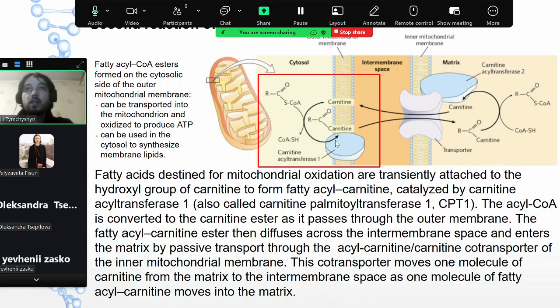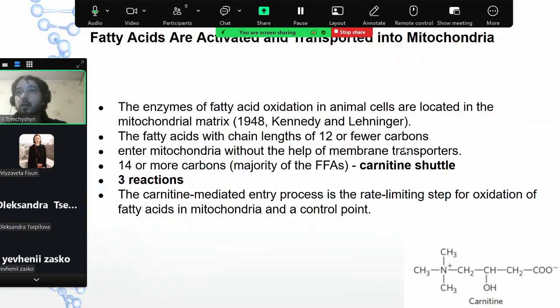Here is CPT1, embedded in the mitochondrial membrane. It takes acyl-CoA and releases CoA, which can be reused later. And here you see carnitine, which is attached to the fatty acid. Here you see the formula of carnitine.